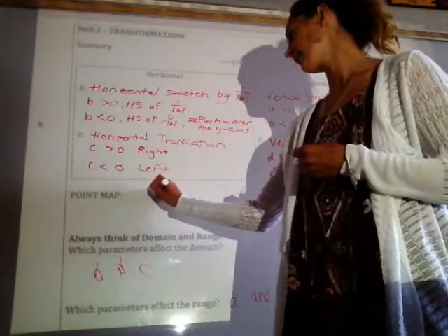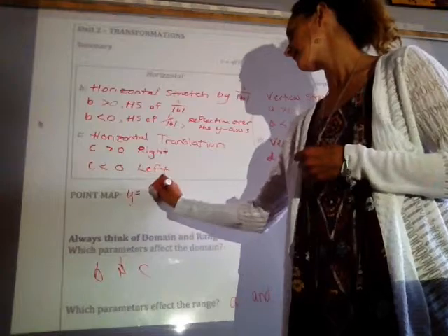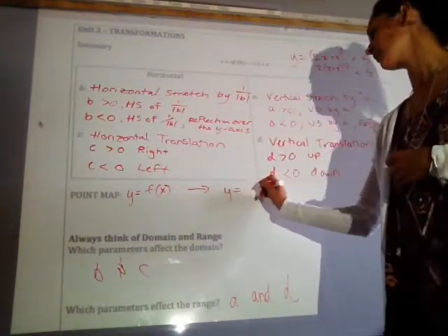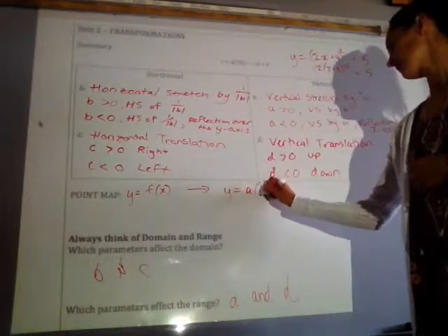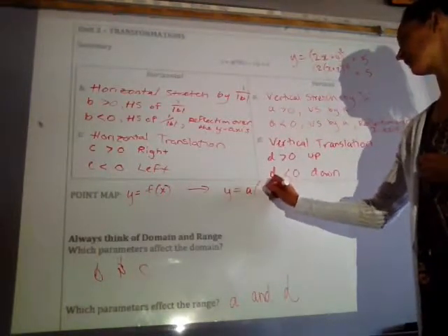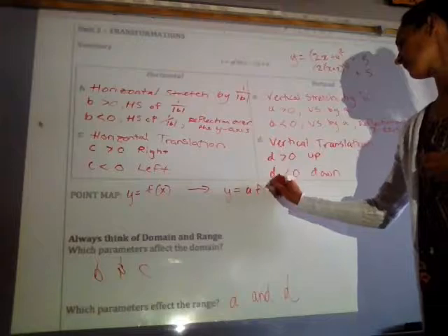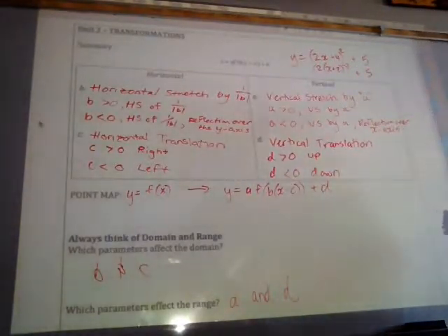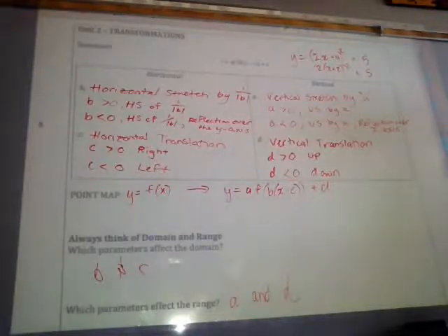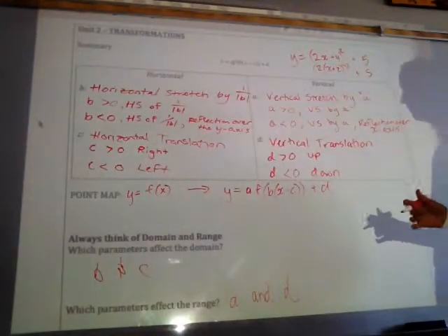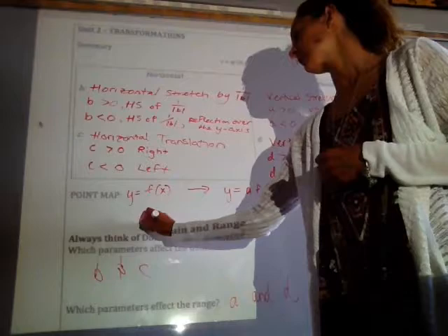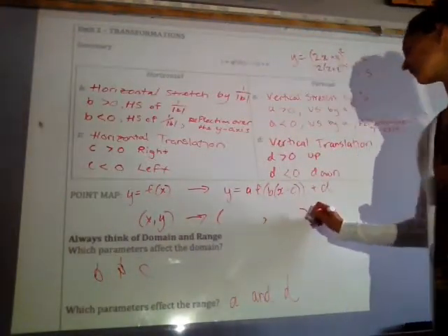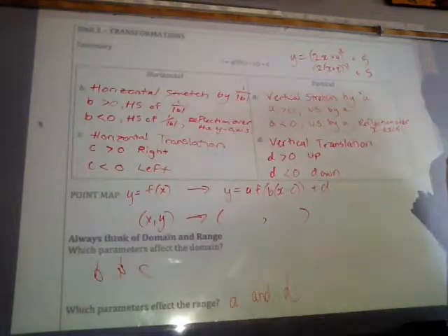Say we have y equals f of x, and we are transforming to y equals a f of b of x minus c plus d. We're going to be constantly dealing with point mapping, so I'm going to give the general notation. Our points x, y would go to, first the x values.